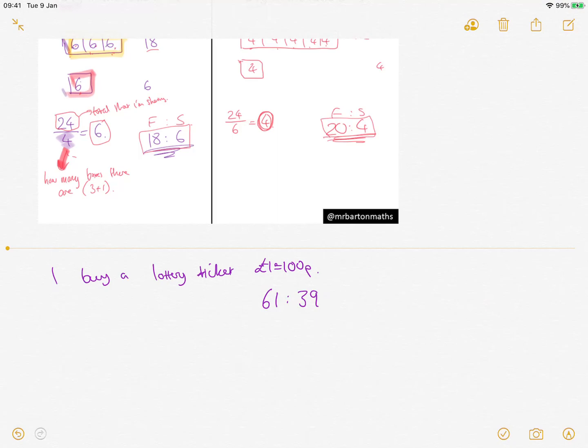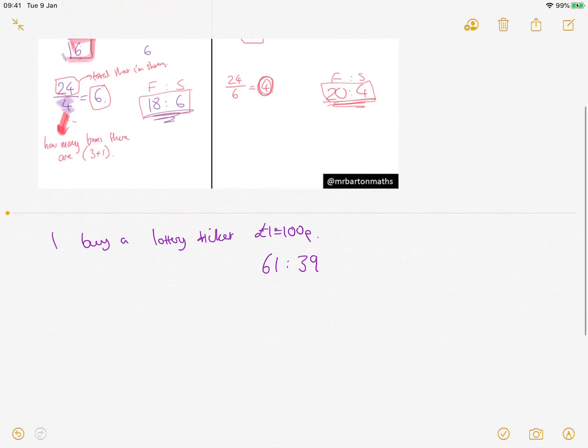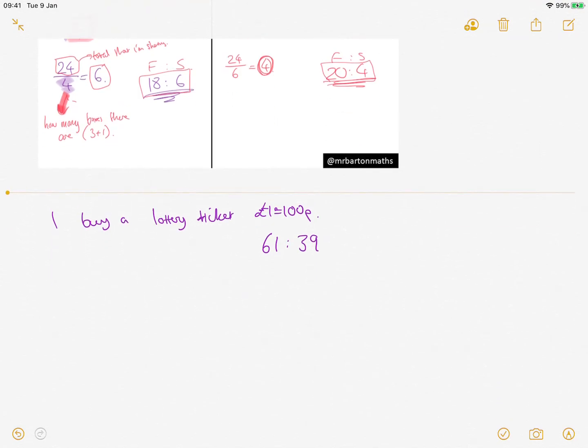So we buy the lottery ticket, and that's the amount we put in. And let's say we win the lottery one day, and we win, let's say, £5,000.